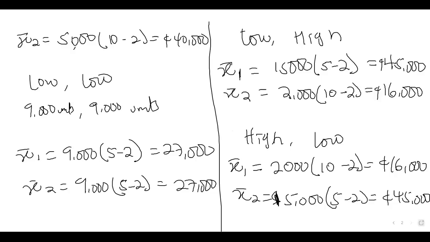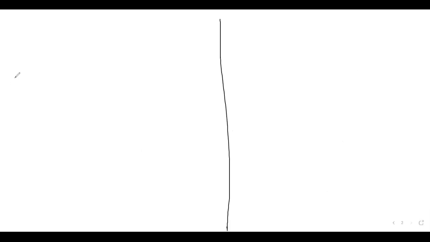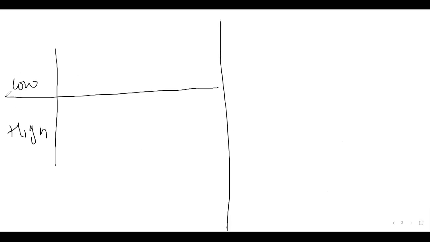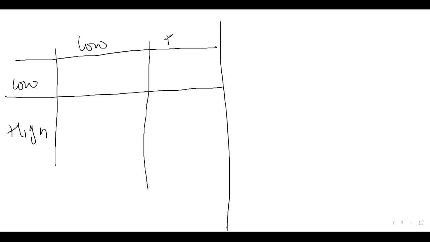Now, let's draw our normal form. So in our normal form, we have the low price, we have the high price, okay? Then we have the low price and then the high price here again, okay?